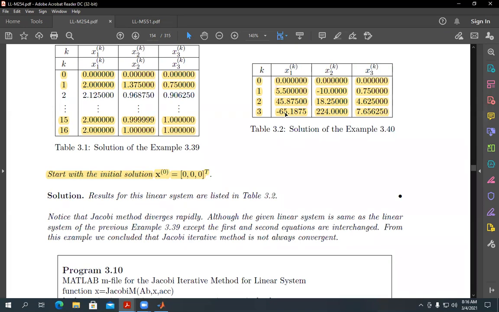The Jacobi formula for each variable of a vector can be obtained from the respective equation: x1 from the first equation, x2 from the second equation, and continue. Then the Jacobi method may converge, may diverge. It does not always converge, but if it converges, it is very slow.